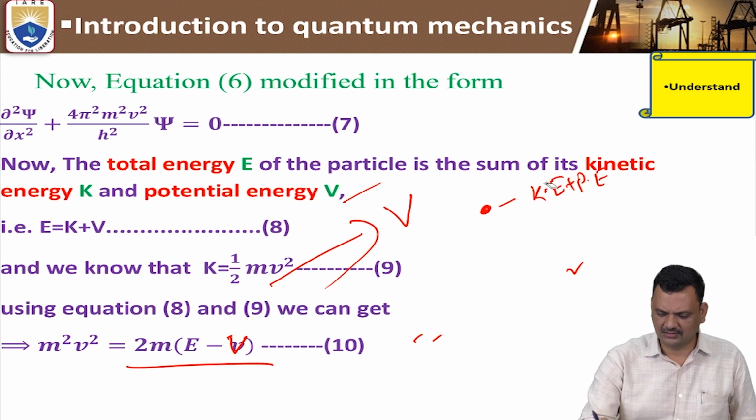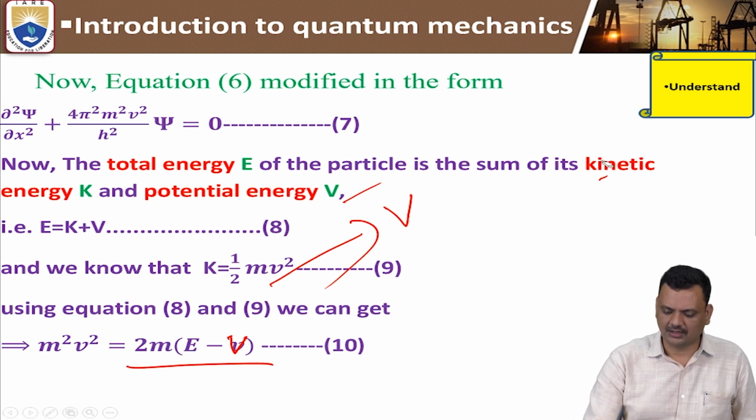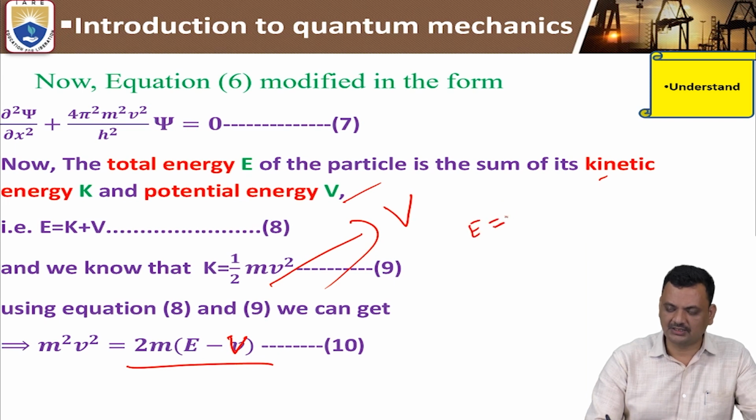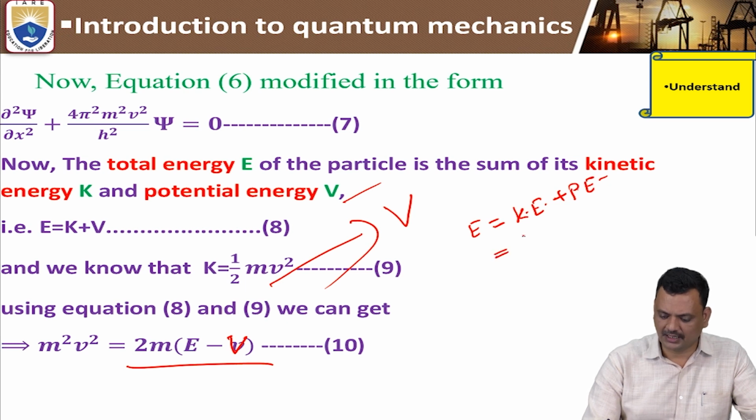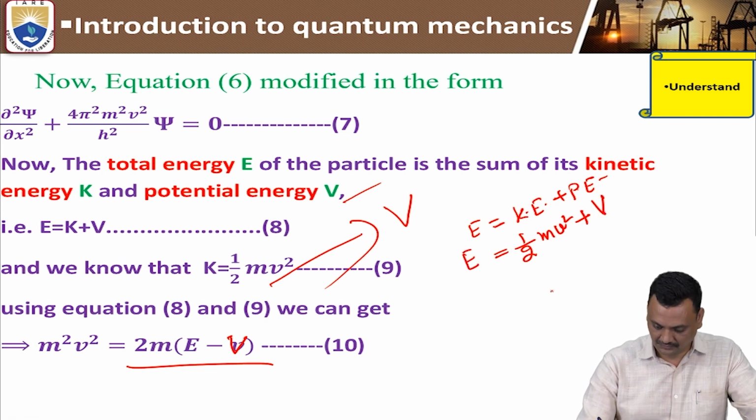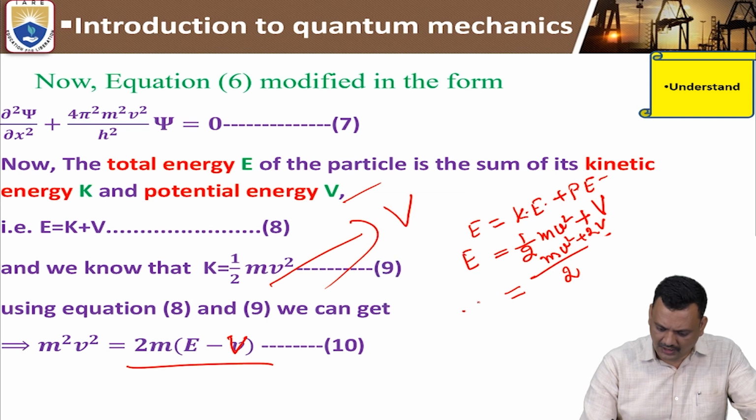I will solve this again. Total energy of the particle is what? Total energy E is equal to kinetic energy plus potential energy. Kinetic energy is half mv square, potential energy is V. So mv square plus 2V upon 2 is equal to E. Now 2E is equal to mv square plus 2V.